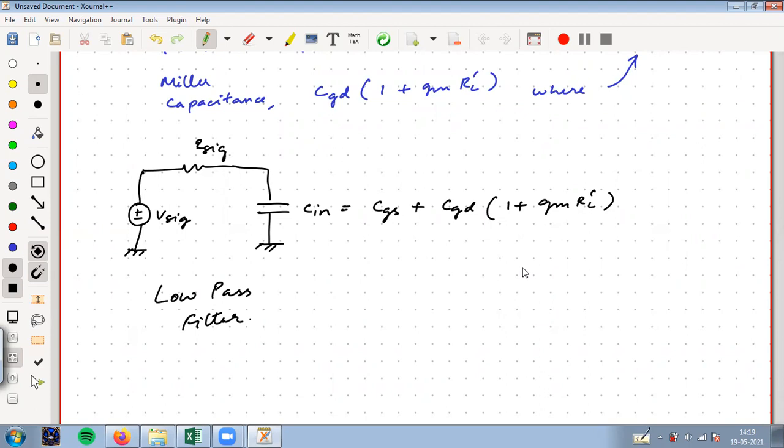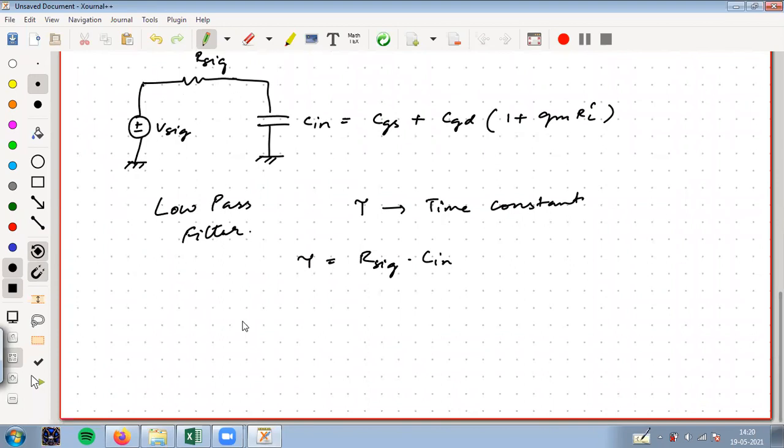So here I can write the time constant tau, which is R signal into Cin. Tau is equal to RC, which you already know.